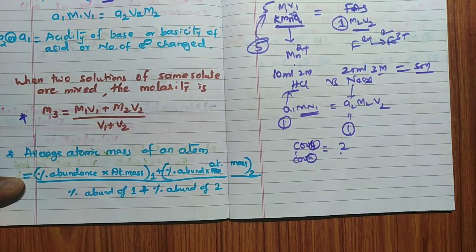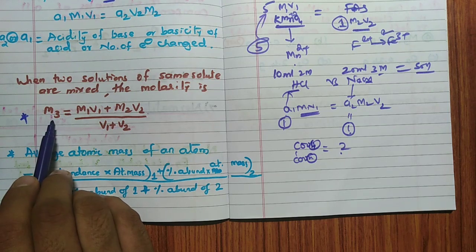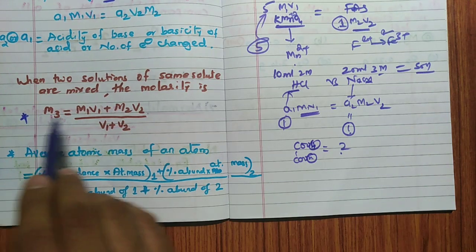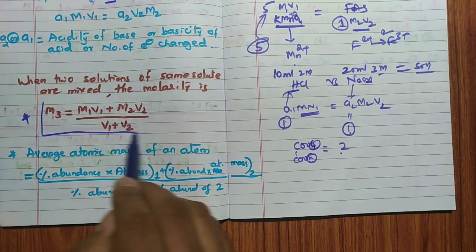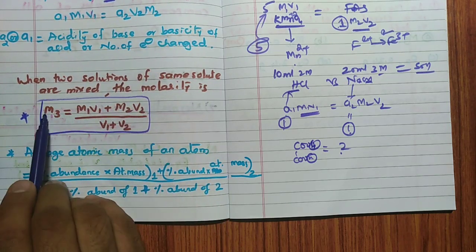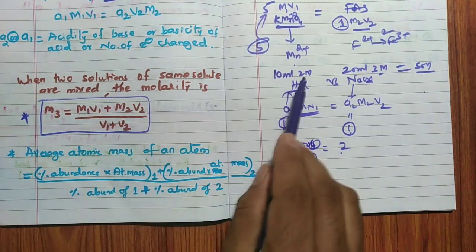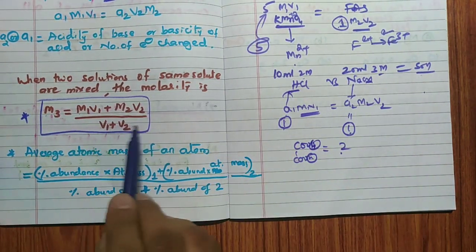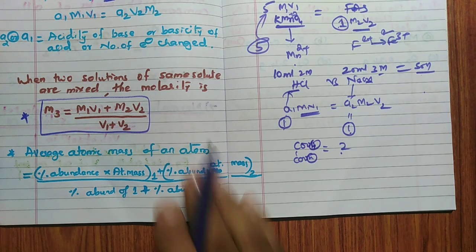What is the molarity of the solution? In such a case, M3, the molarity of the resulting solution, is equal to M1 V1 plus M2 V2 divided by V1 plus V2. Very, very important formula. Remember that.